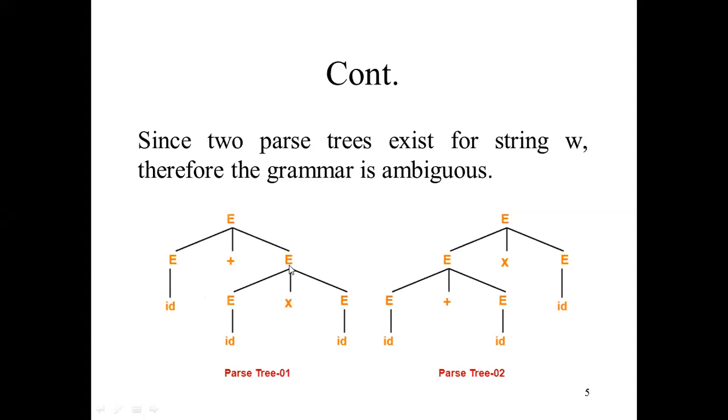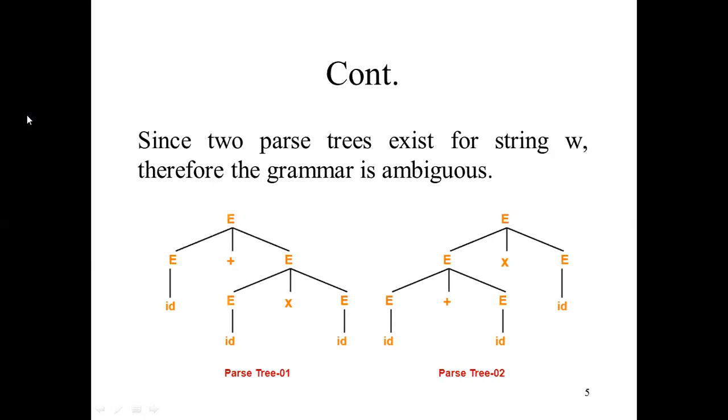Again we are dividing this expression into a leftmost expression and a rightmost expression. This is the multiplication sign, an arithmetic operator. Now we are going to divide E and E, because we have the string ID plus ID into ID.